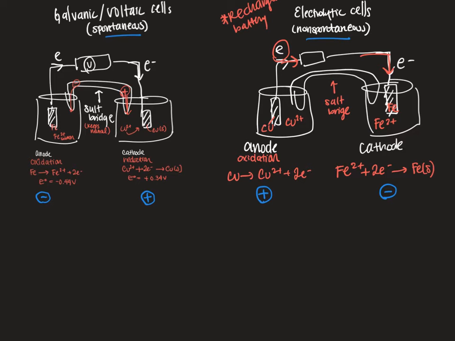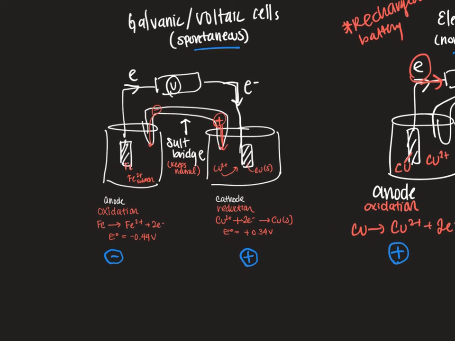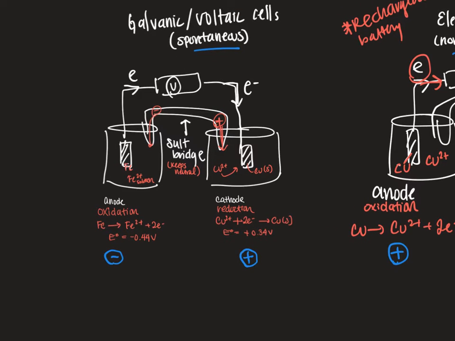So another key thing to know is that if this reaction is spontaneous, if we're looking at our galvanic cell, then we can say that our E naught is going to be positive, because a positive E naught means a negative delta G, which means spontaneity.